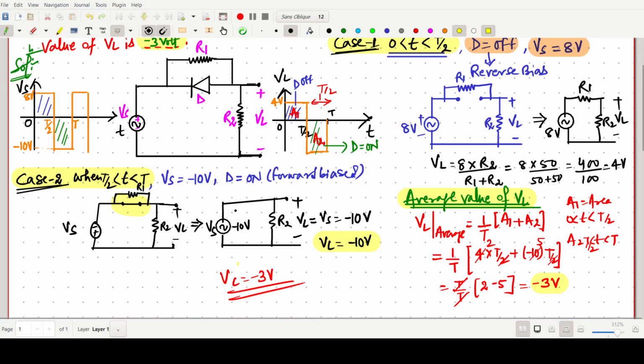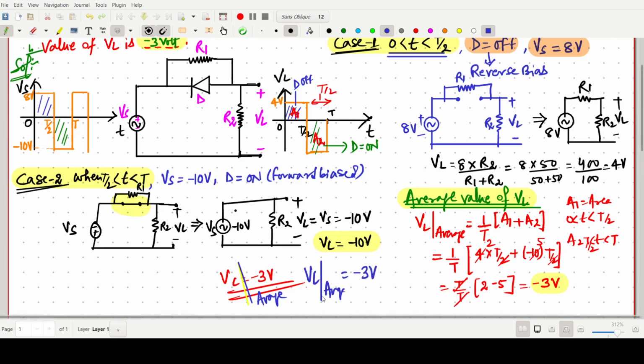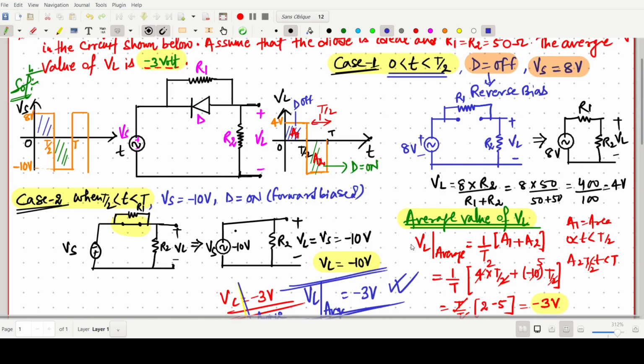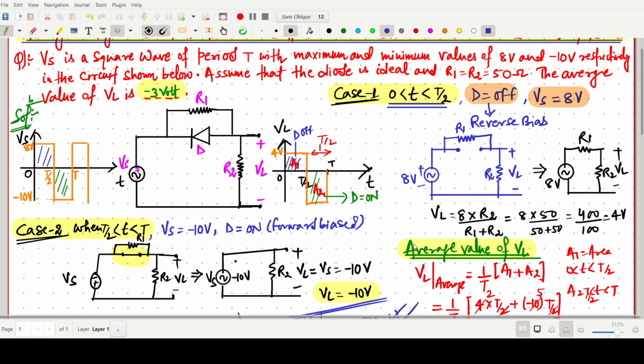So VL average equals minus 3 volt. In that way, we have to solve this type of question. This is a simple question, but we have to know the concept of average value.